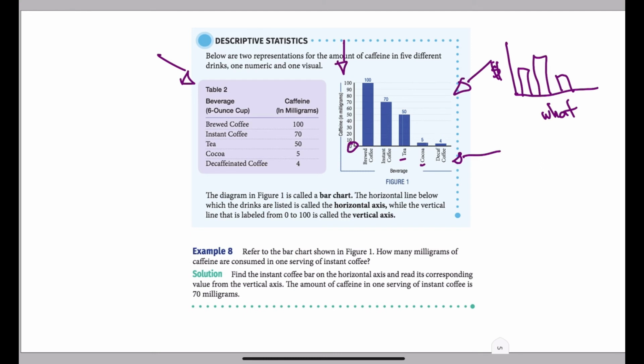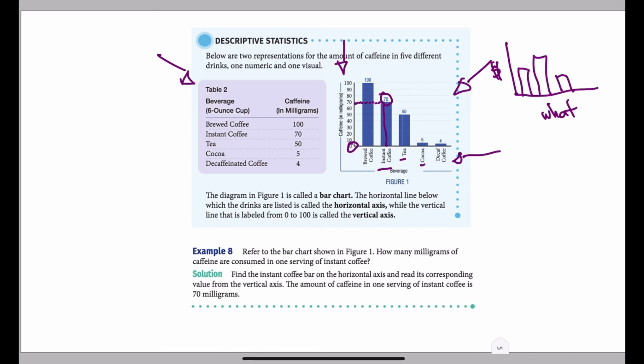So let's do example 8. Refer to the bar chart shown in figure 1. That's the figure, the chart. How many milligrams of caffeine are consumed in one serving of instant coffee? So let's find instant coffee as a beverage on the x-axis, and then we follow it up until we have its vertical value. And if you didn't have this data callout here, this number 70 right there, you could just follow the height of that bar all the way over to the axis and see, oh yeah, it's right at 70.